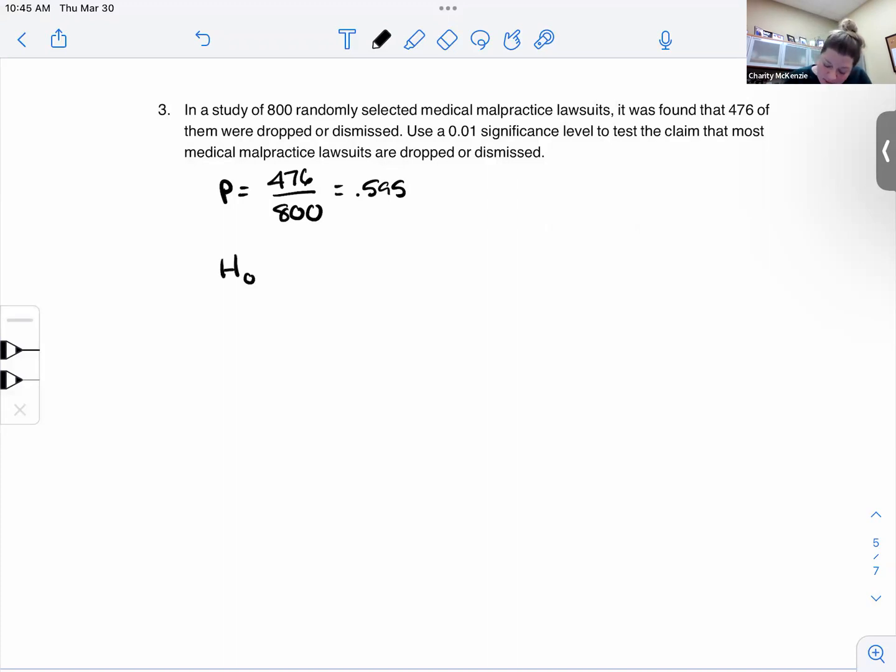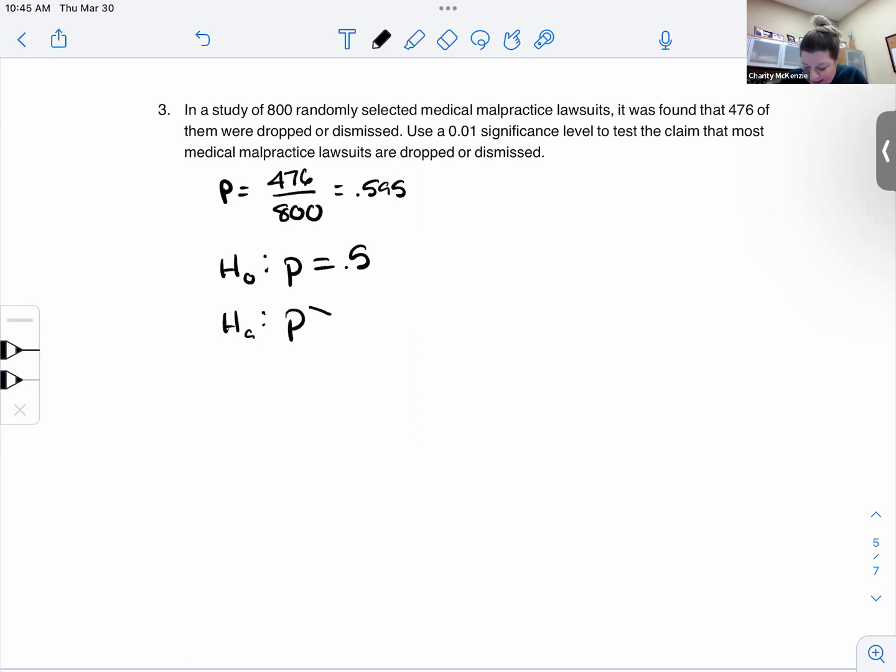So we want our null and we want our alternative. How do we test the claim of at most or most people? We use 0.5, right? And we know it's a proportion and we know it's equal, so equal to about half. And this is going to claim that most people, so how do I represent most people?